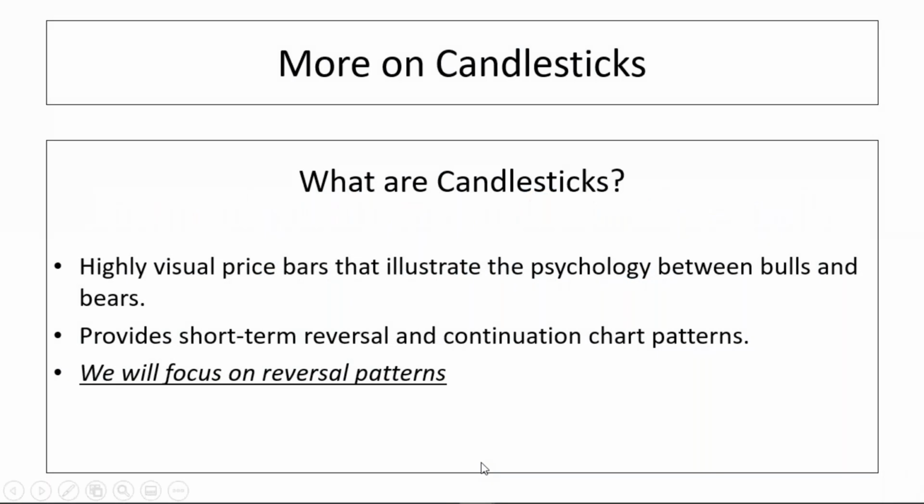So let's first go over what candlesticks are. Candlesticks are highly visual price bars that illustrate the psychology between bulls and bears, between buyers and sellers. It's really important to recognize where a stock closes compared to its low and or high, and where it opens compared to those prices as well.